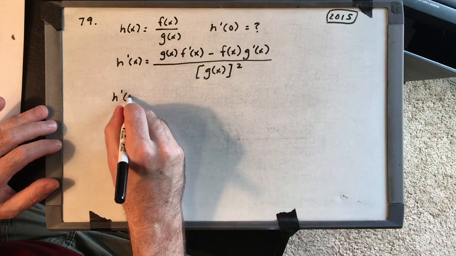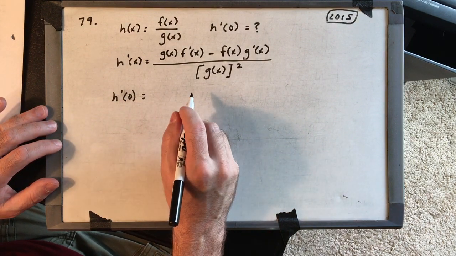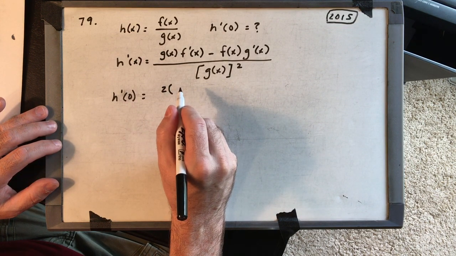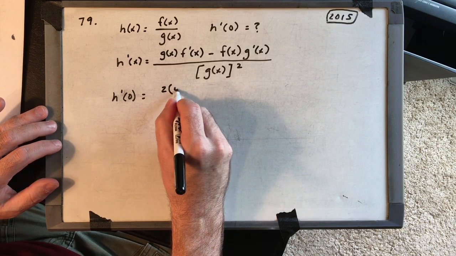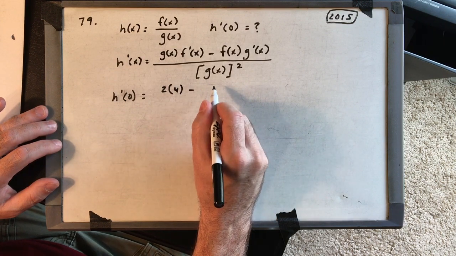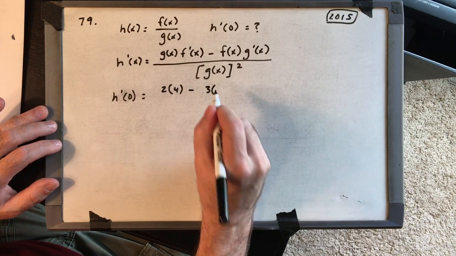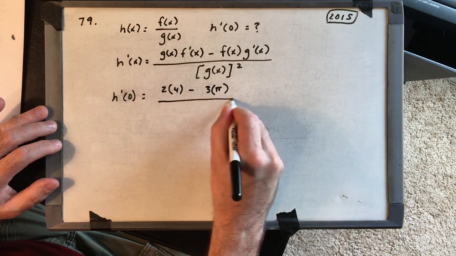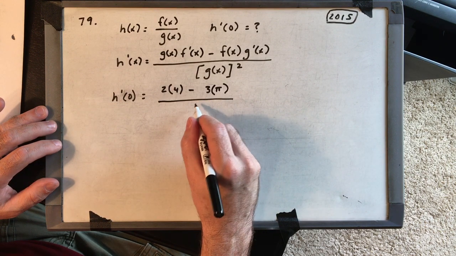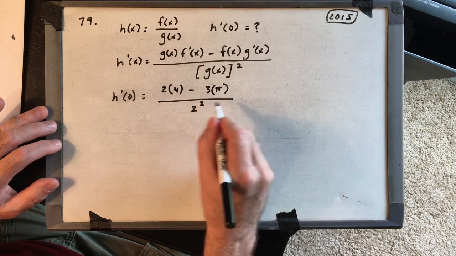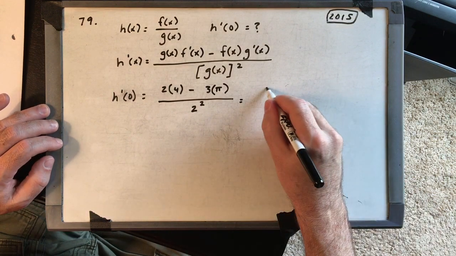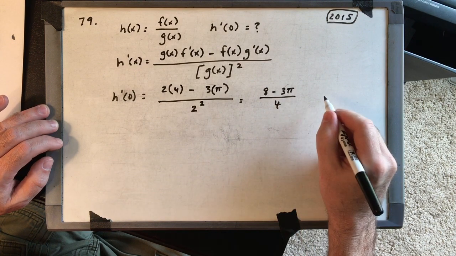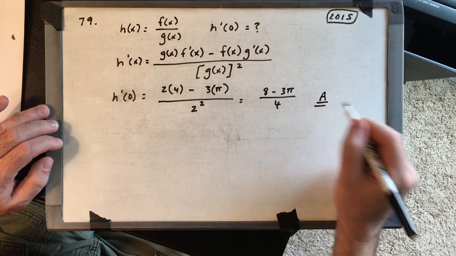So h prime of 0, because all those numbers are at 0. What is g of x? It's 2. What is f prime of x? It's 4. What is f of x? It is 3. What's g prime of x? Pi. What is g of x? It's 2. We've got to remember to square it. So that's 8 minus 3 pi over 4. That is option A.